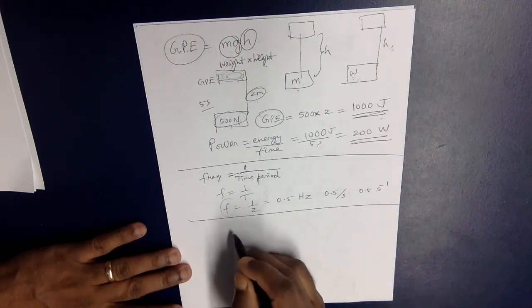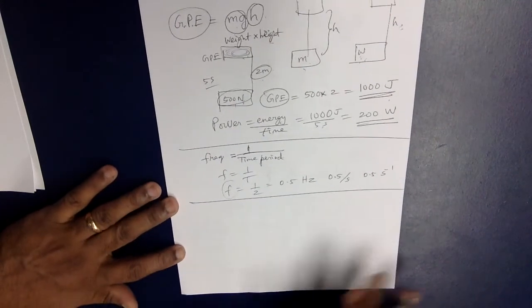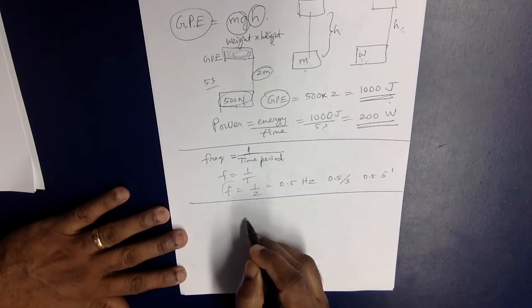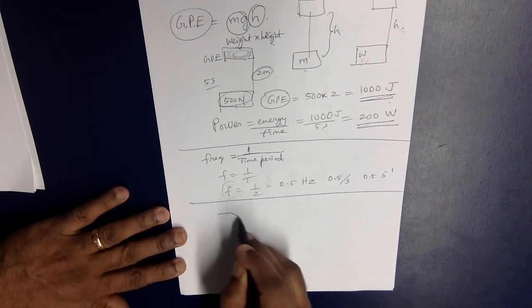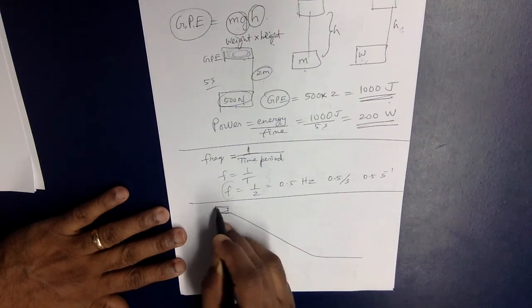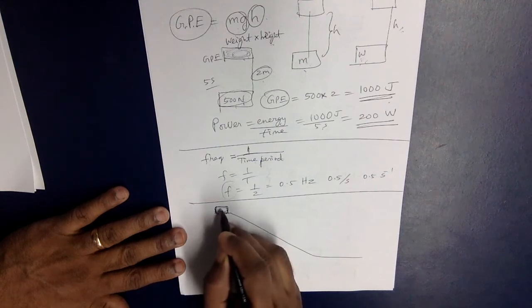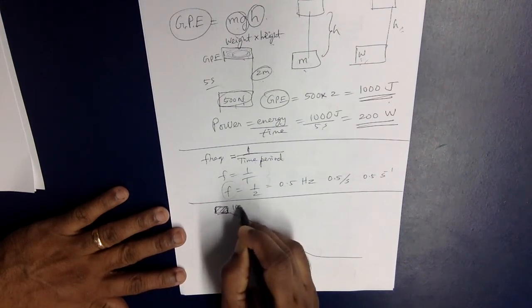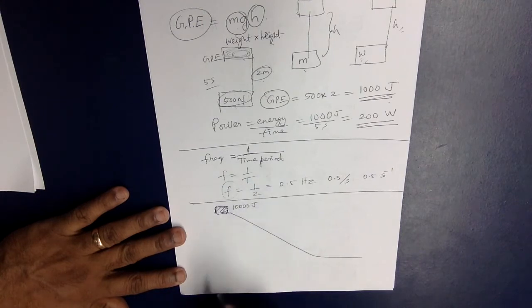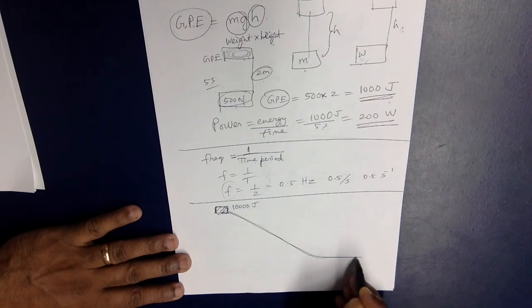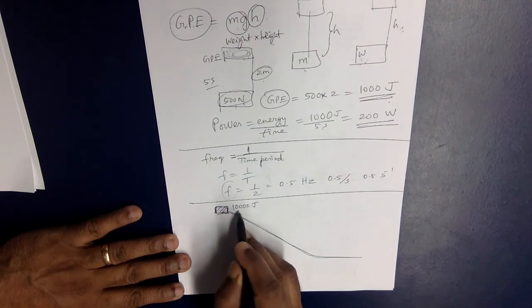All right. The next concept is something that I've explained in class. For example, a roller coaster. The roller coaster is here, and let's say it has energy of 10,000 joules. If it goes all the way from here to here, what kind of energy is this?